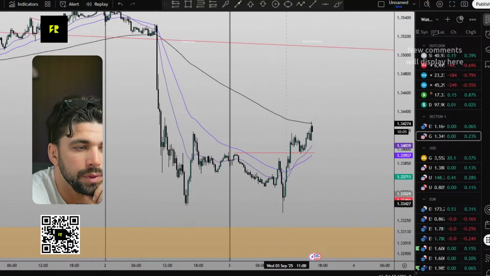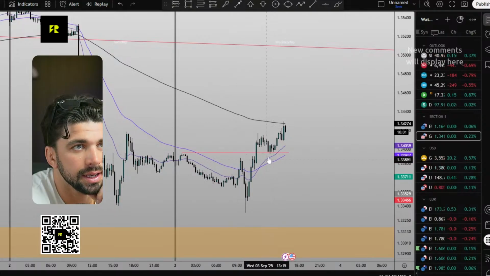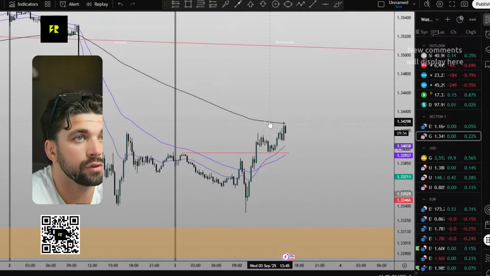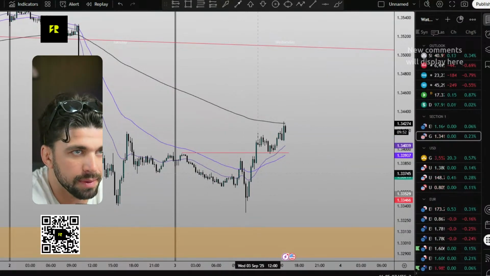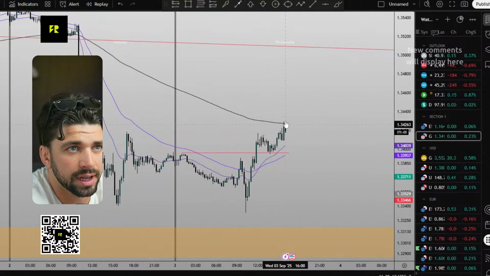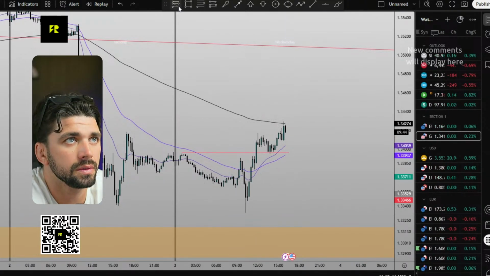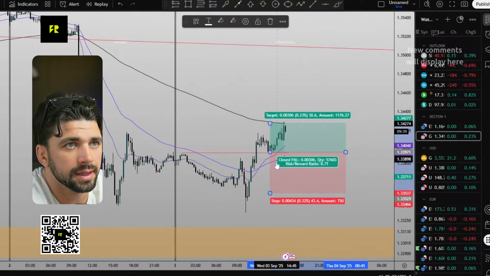Looking back on everything, this is a really good strategy, something that I have used for many years. On a different account, I actually got a really nice trade like that.